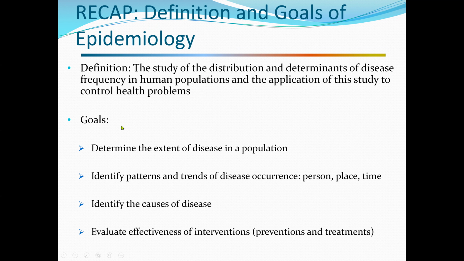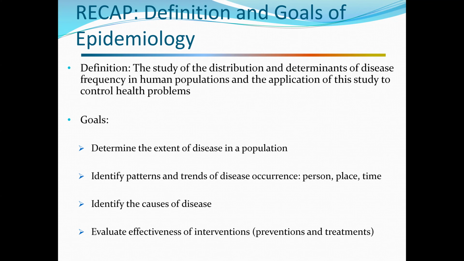The main goal of epidemiology is to determine the extent of disease in a population. If there's an outbreak, maybe we have a specific disease that normally occurs in 2% of a population. Then in a study, we find over 50% of the population having that disease, or even 20%. This would be an outbreak.